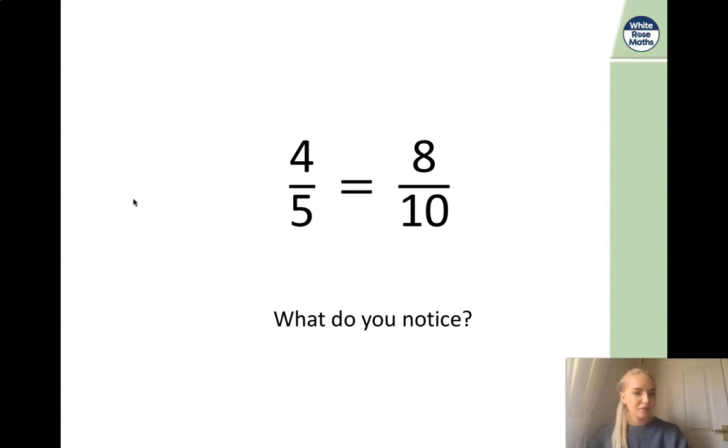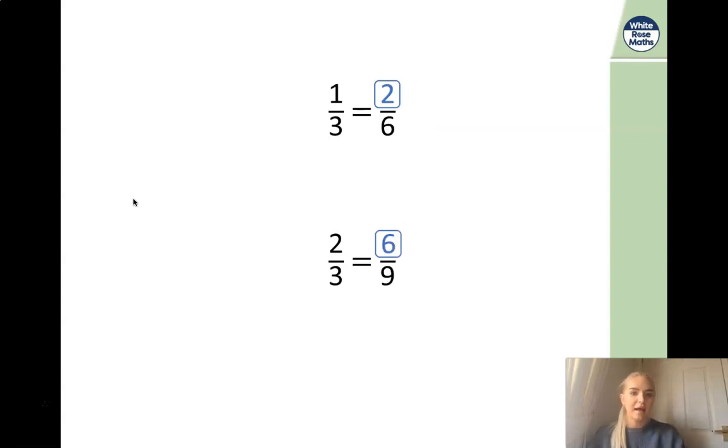Okay, let's see if you noticed what I noticed. Did you notice that to get from 4 to 8, we have to multiply 4 by 2? And to get from 5 to 10, we have to multiply that by 2 as well. Now, look at these two on the screen in front of you. 1/3 is equivalent to 2/6.